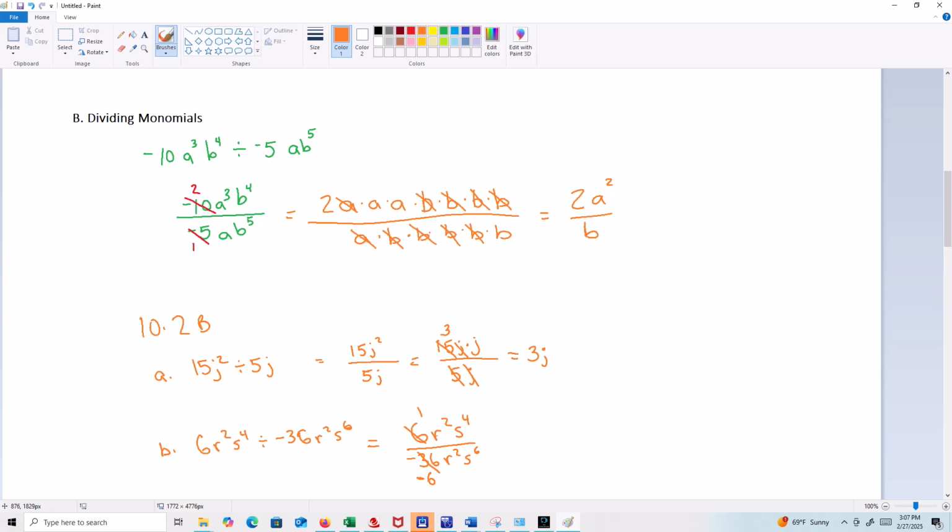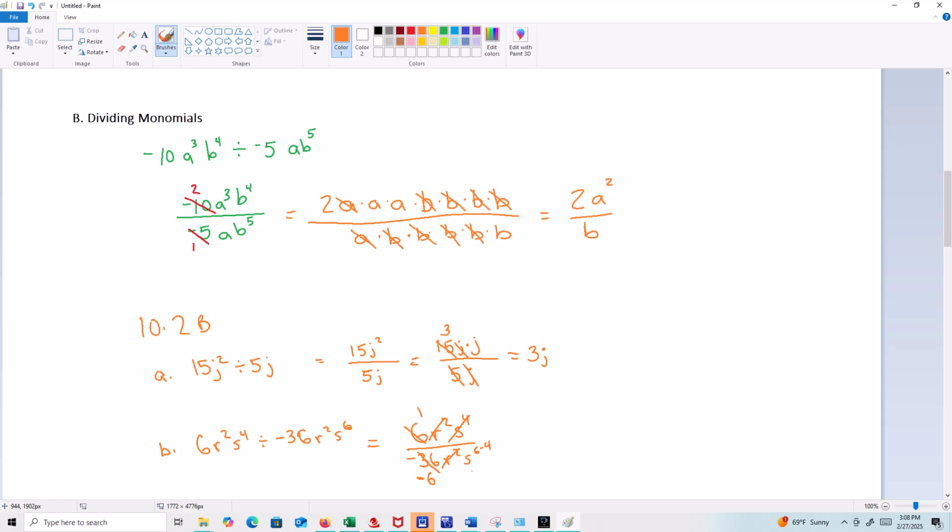And then if I had r squared up here, that would be r times r. And then in my denominator, I also have r squared, which is r times r. So the two r's cancel each other out. And then I have s to the 4th divided by s to the 6th. 4 of those s's would cancel out 4 of the s's in the denominator.